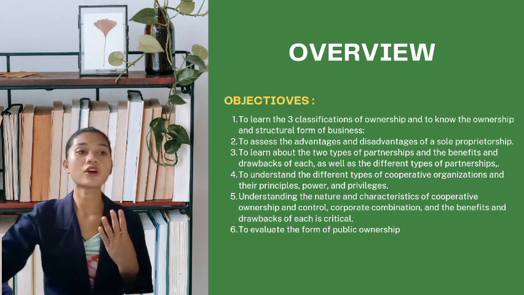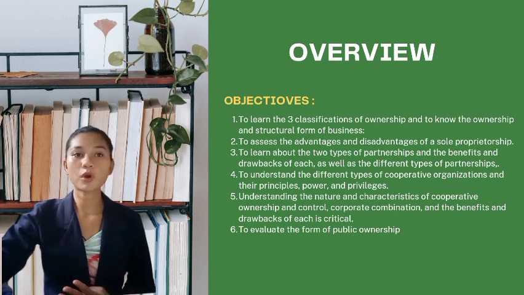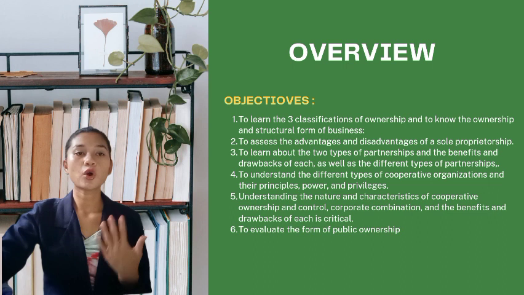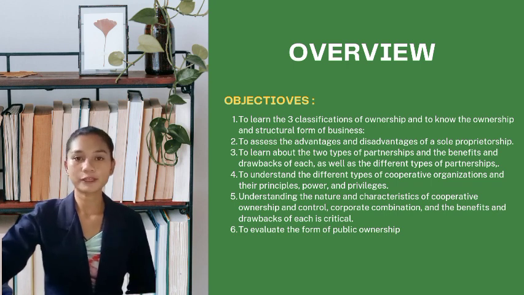The fourth is to understand the different types of cooperative organizations and their principle, power, and privilege. The fifth is understanding the nature and characteristics of cooperative ownership and control, corporate combination, and the benefits and drawbacks of each. And the last objective is to evaluate the forms of public ownership.